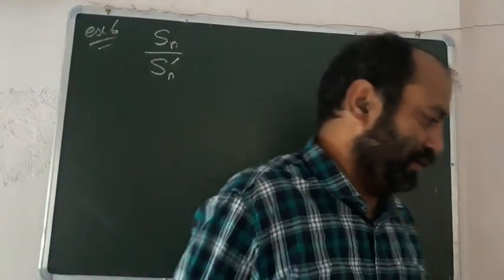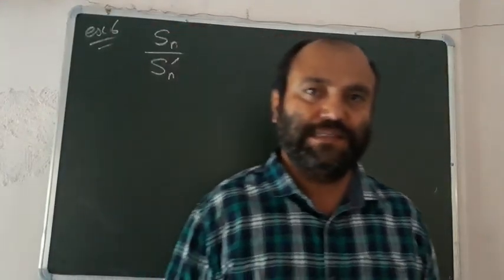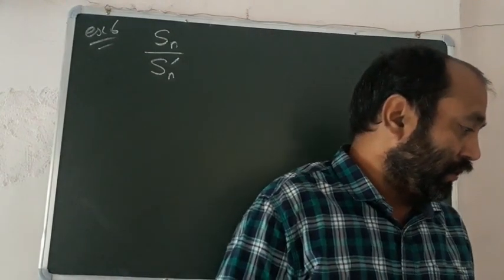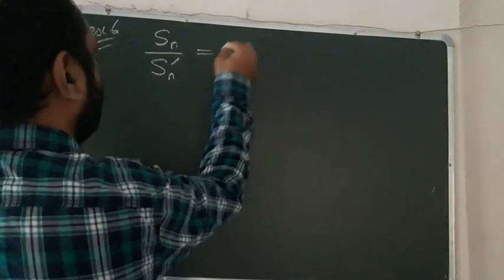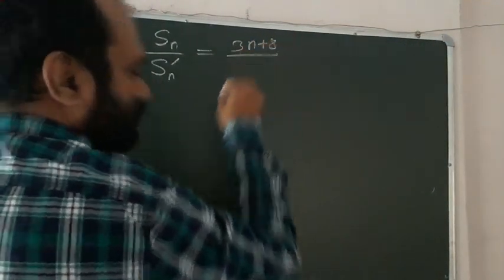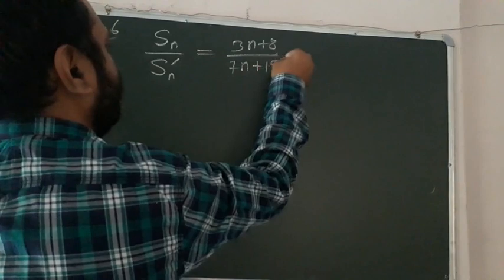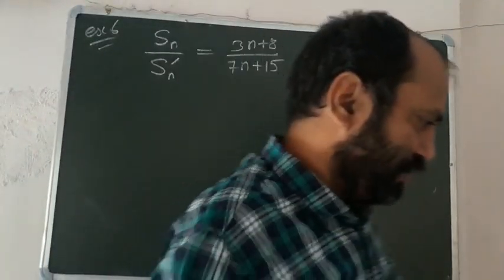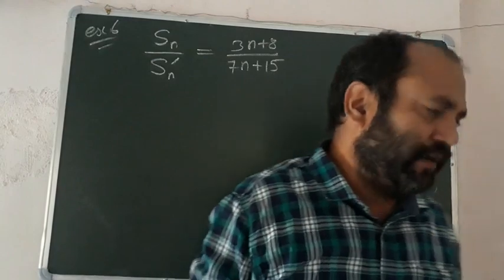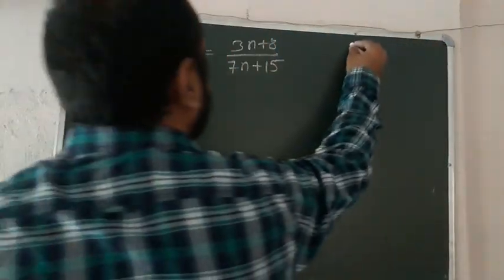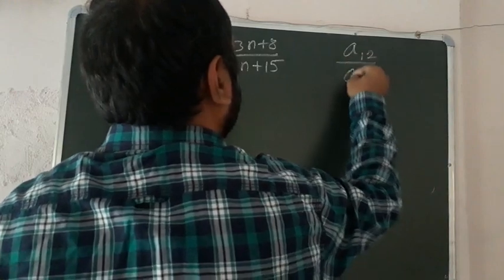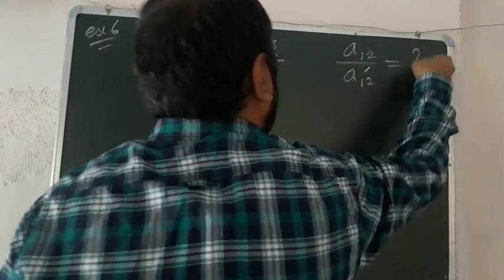The question is that the sum of n terms of two APs are in the ratio 3n plus 8 over 7n plus 15. Find the ratio of their 12th terms, means you have to find A12 over A12 dash.